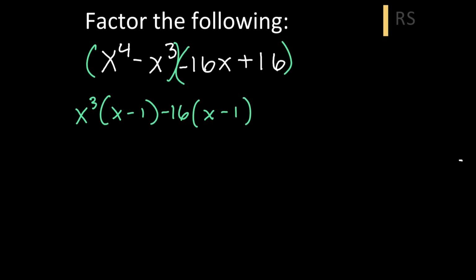Yes. And what do I stop and ask myself here to make sure I'm doing this right, Stephen? If the insides are the same, you're doing this right. Are your insides the same? Yes. So we're doing this right.